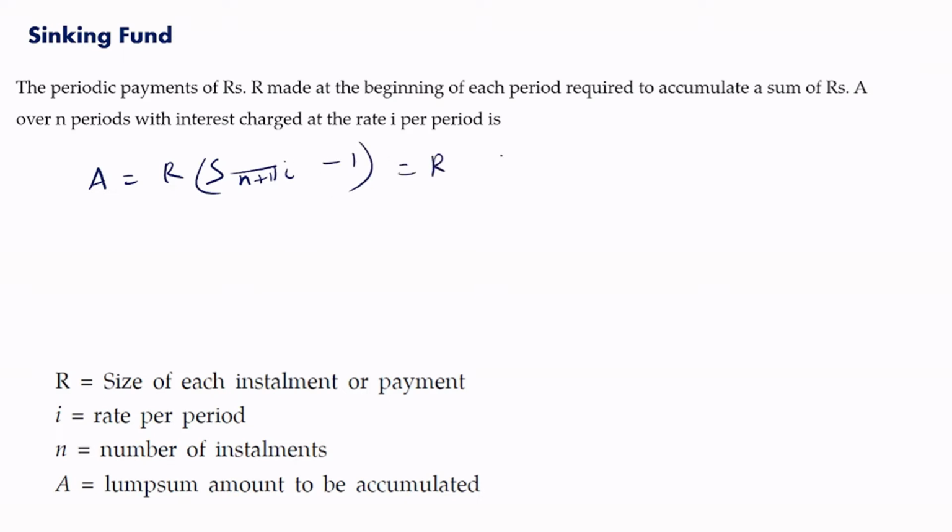Or it is R into (1 plus i) the whole raised to n plus 1 minus 1 upon i. There is a minus 1 outside, that should be remembered. Then minus 1.